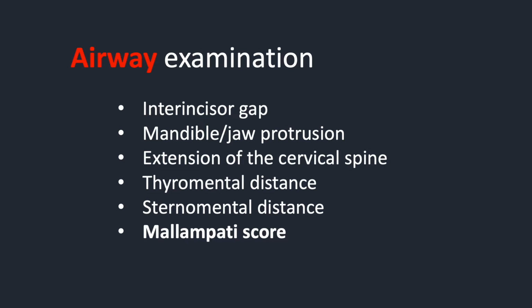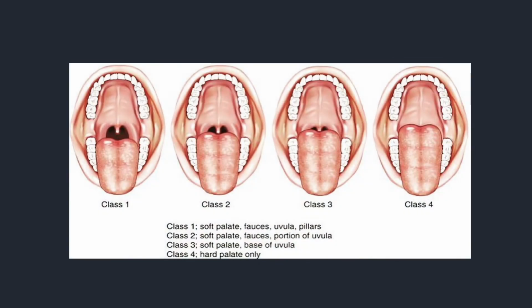Extension of the cervical spine, this just determines the flexibility of the neck, thyromental and sternomental distance, and the most common examination that we do is the Mallampati scoring. I will not go through each of the classes. You can just read about this. But basically, how we do this is we ask patients to sit up, open their mouth as wide as they can, and stick out their tongue without any sound.